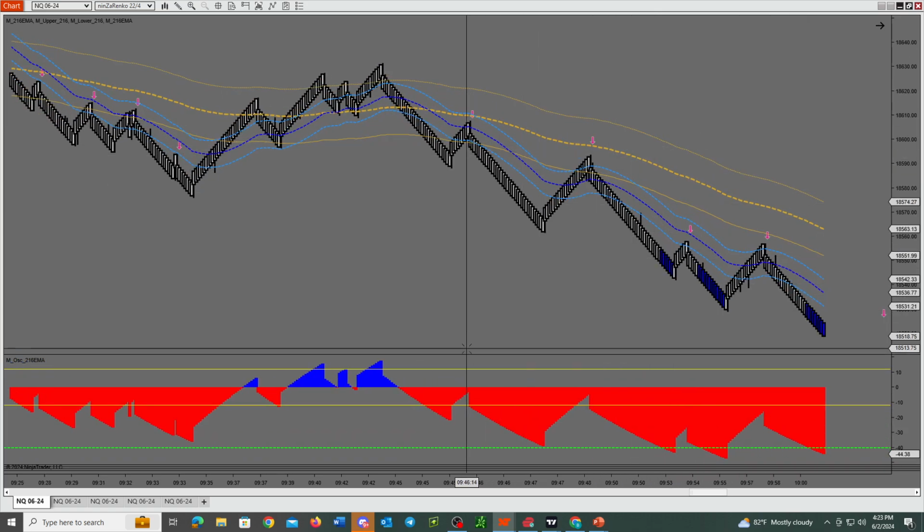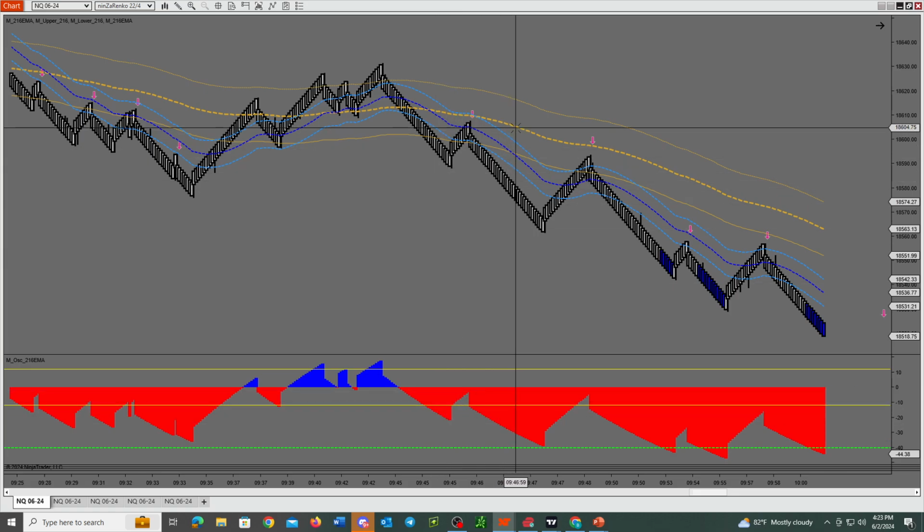So what we did is we added the 216 EMA oscillator, which is just you subtract the close from the 216 EMA and you get this oscillator. I prefer this over the BLT. I like them both, but I prefer this over the BLT because I can see the pullbacks sharper in this histogram, simply because it's tied to the close.